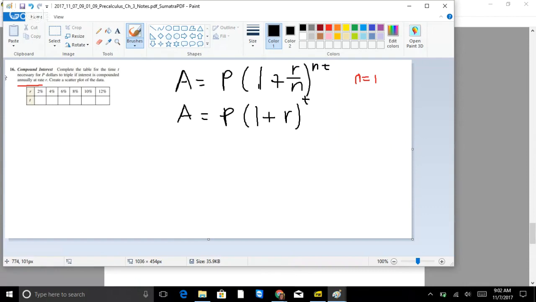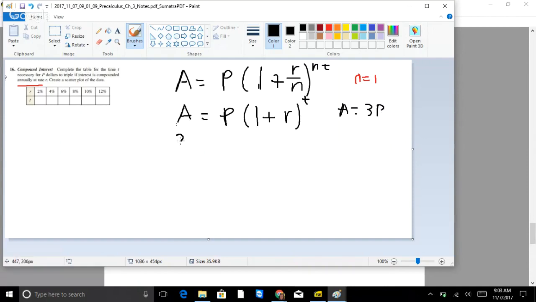So what we're looking at is how long does it take my principal to triple? Really, what we're saying is that we want to figure out when the amount is 3 times the principal. So we're trying to figure out how long it takes to triple.